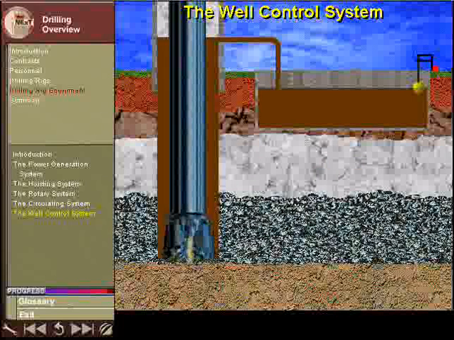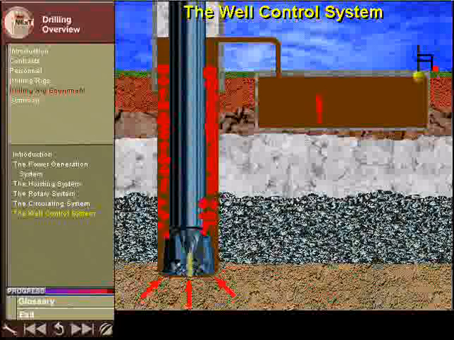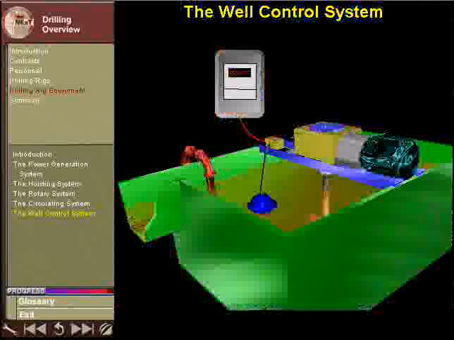One of the first signs that formation fluids have entered the wellbore is a level increase at the mud tanks. This is because fluids entering the wellbore push the mud out of the hole.